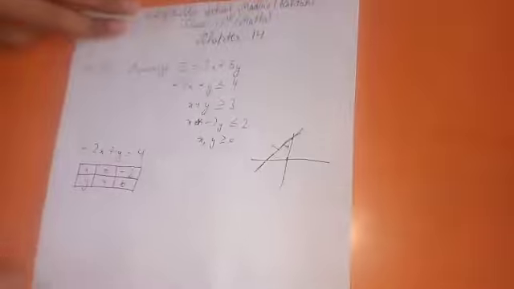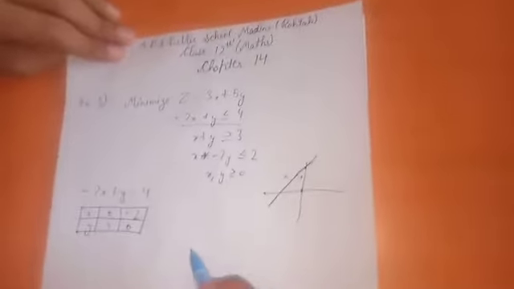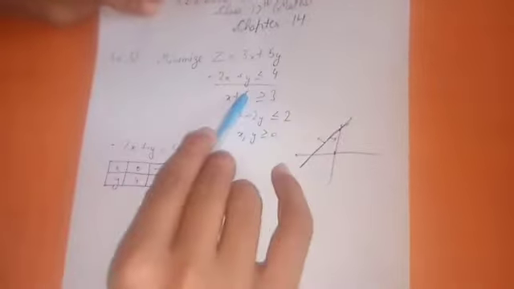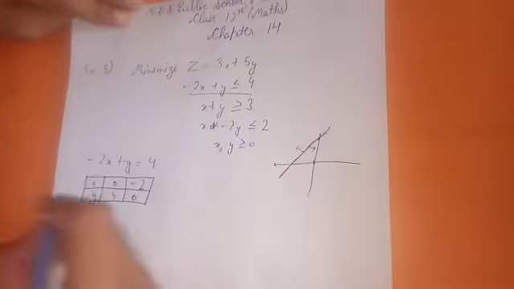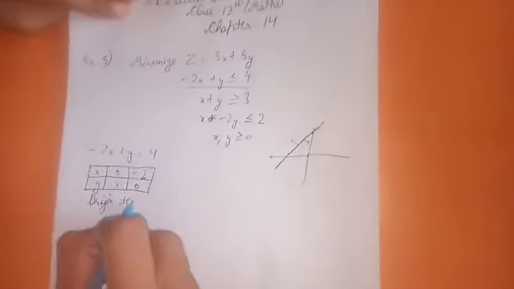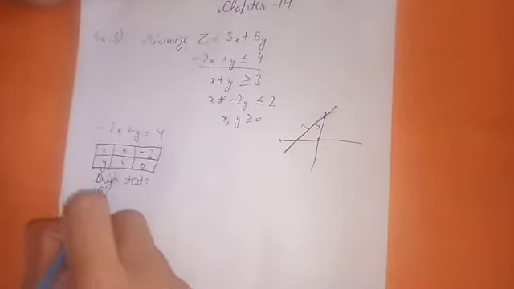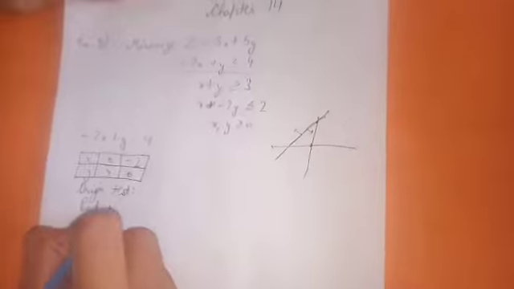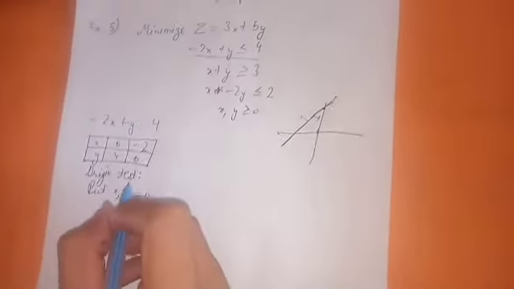What is the origin test? We discussed it in our last video. In it, we put the values x and y equal to 0 in our given constraint. So first of all, we write origin test: put x and y equal to 0.